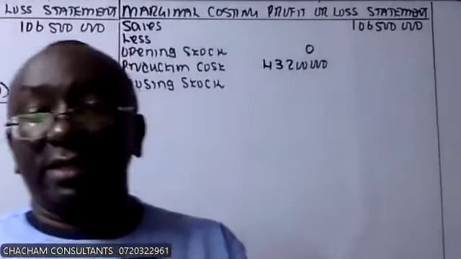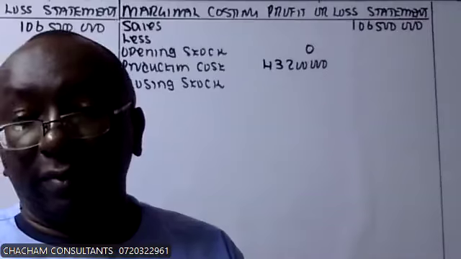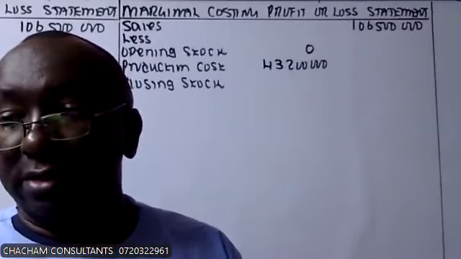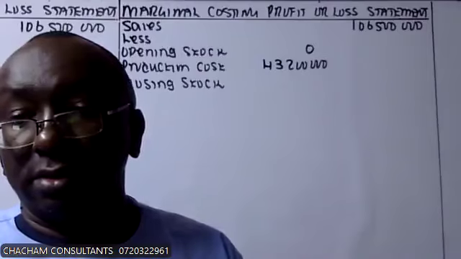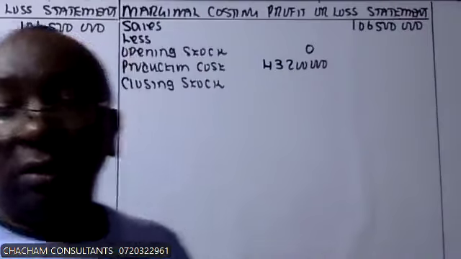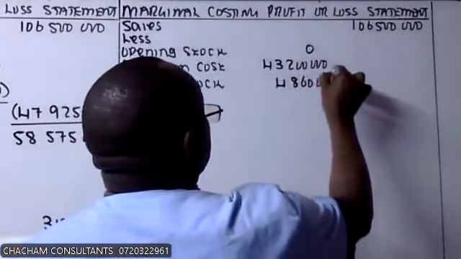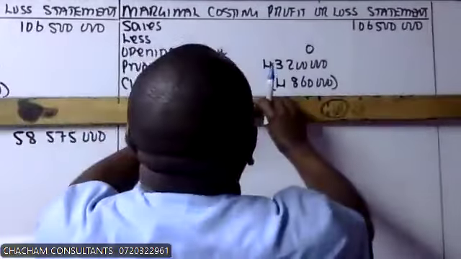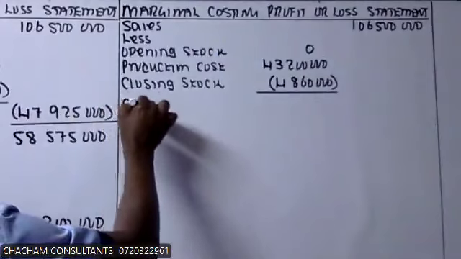So 1,800 times 2,700 is 4,860,000. So you less that, and when you less, you get the cost of sales.